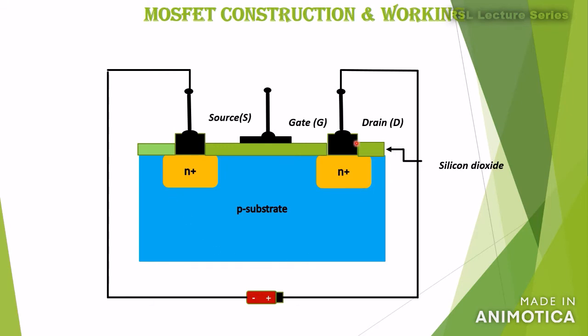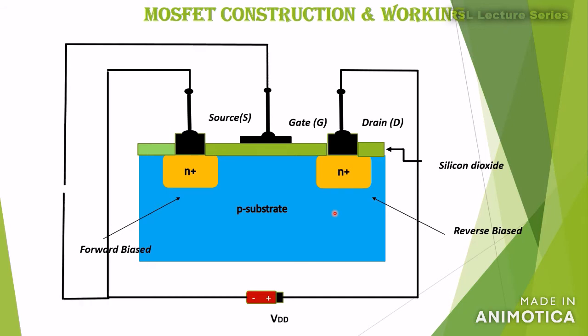The drain terminal is also connected to an N plus region, but we have given a positive supply to it. As a result, the junction formed between this N plus region and the p-type substrate will be reverse biased. So two junctions are formed, one forward biased and the other reverse biased. Due to this, current will not flow through the device.